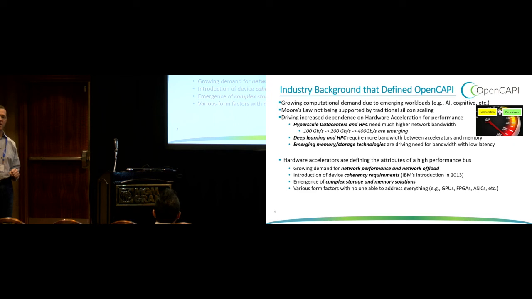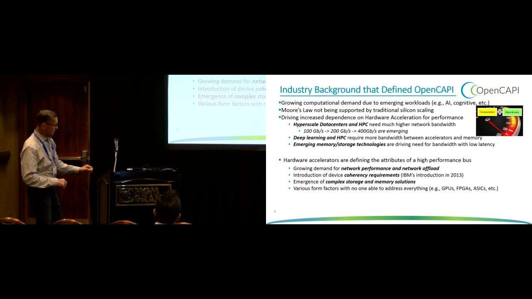Not one is going to rise above them all and say, this is the answer, this is what everybody's going to use. It's all about choice, because depending on where you are in your development cycle and what you're doing, any one of those could be the winner for what you want to do. So you need a bus that, once again, is flexible enough to take these kinds of things. It almost sounds too good to be true, right?